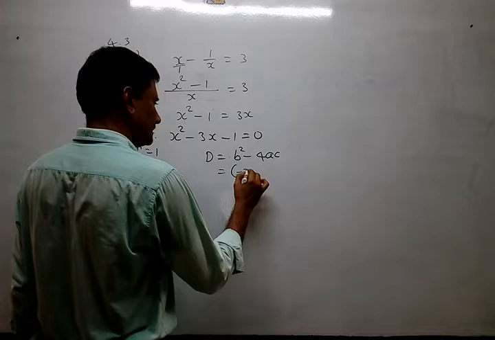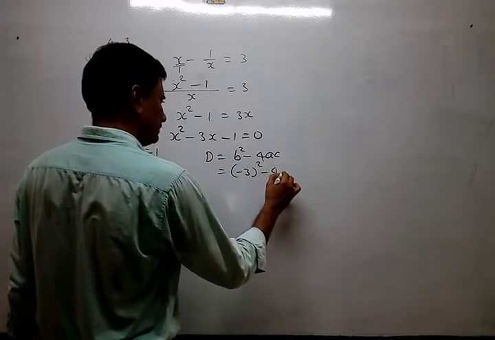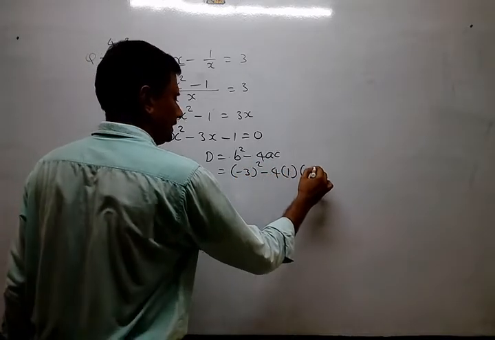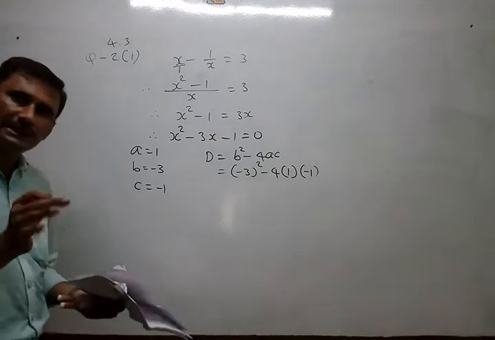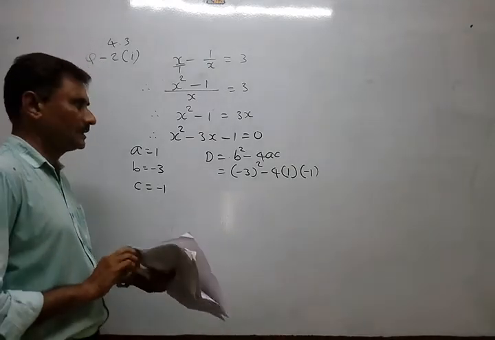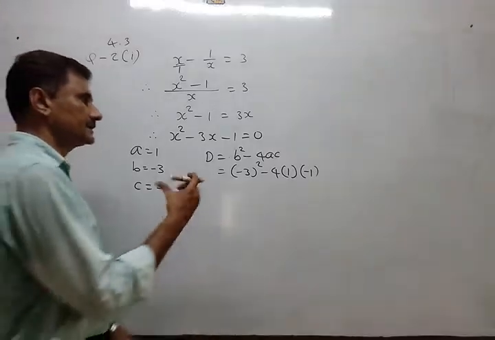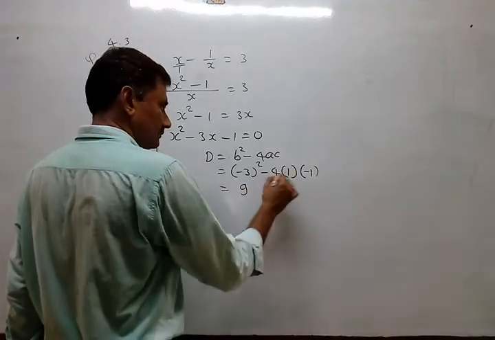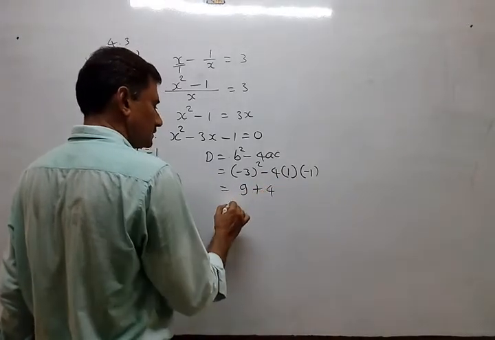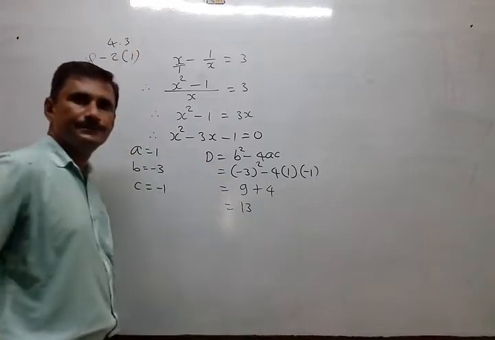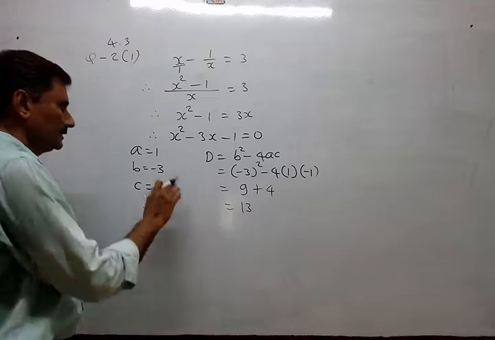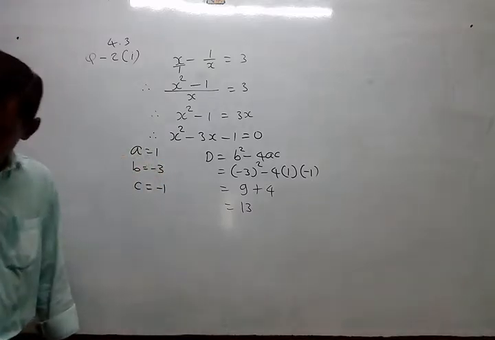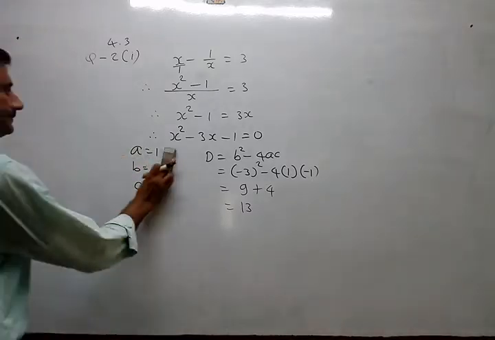So minus 3 square minus 4 into 1 into minus 1. So minus 3 square is 9, 4 ones are 4, so it becomes 13. Now write down alpha and beta.